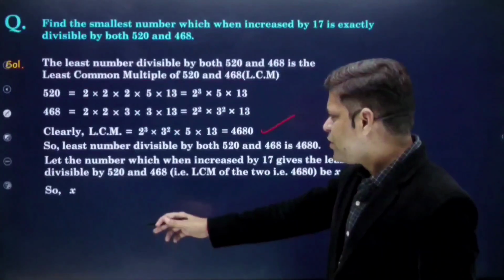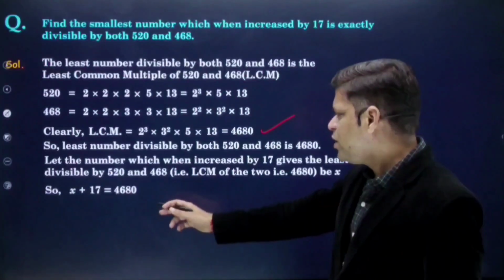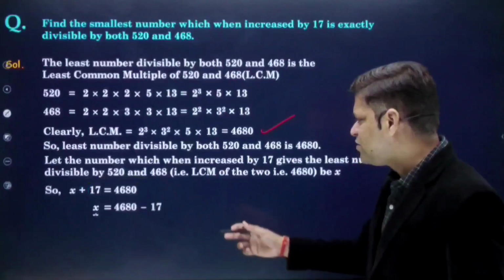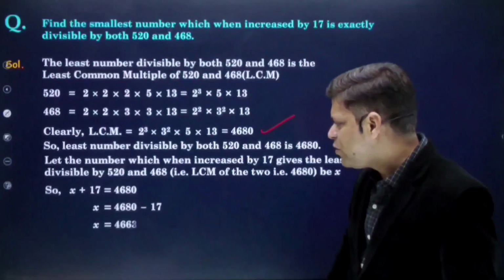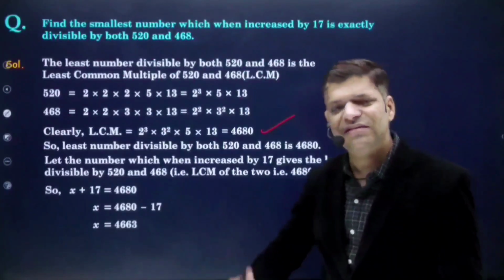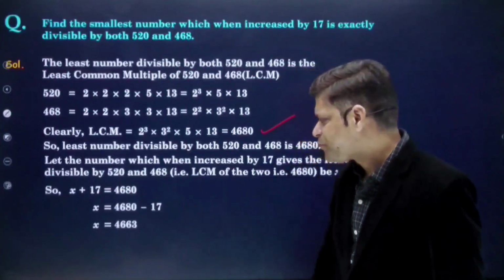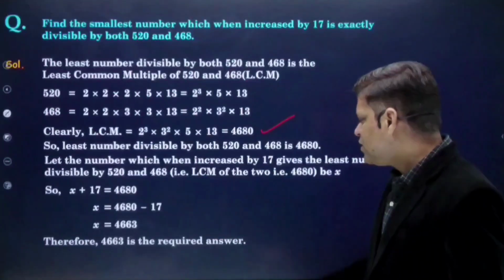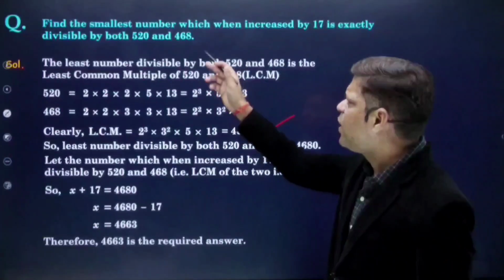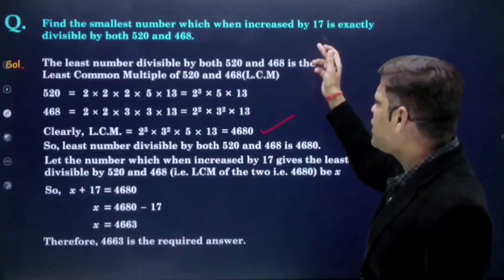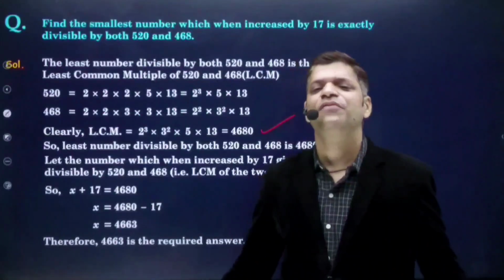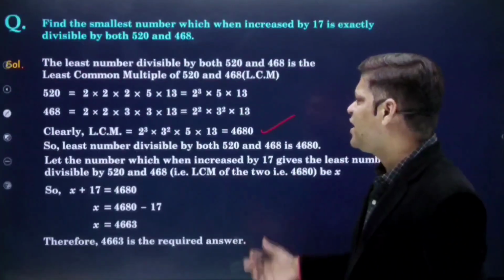So x plus 17 will be equal to 4680, and x is 4680 minus 17, which equals 4663. So 4663 is the required smallest number, which when increased by 17 is exactly divisible by both 520 and 468.